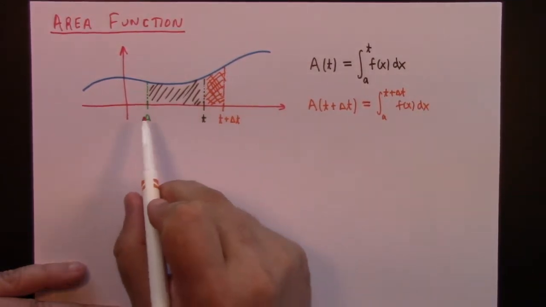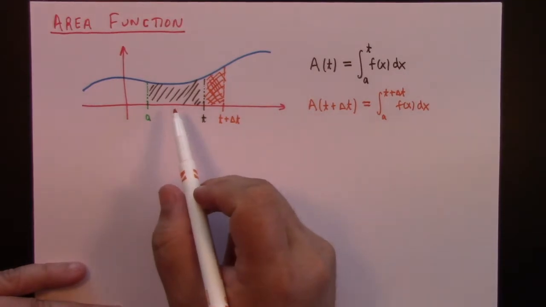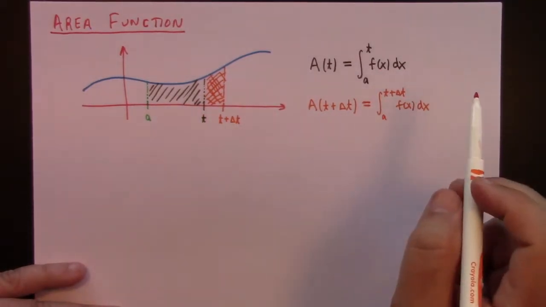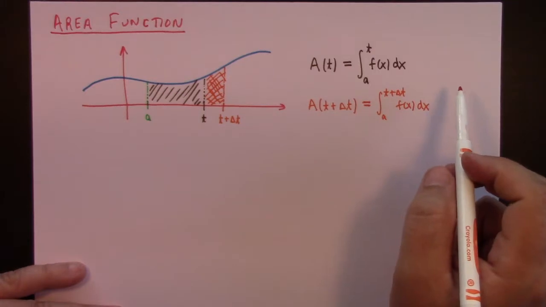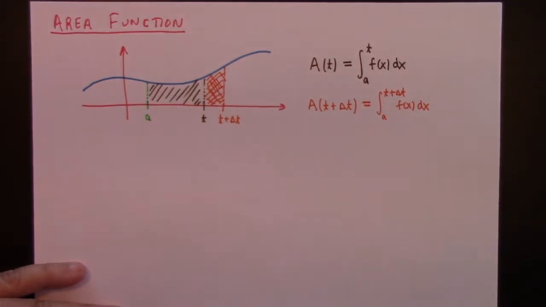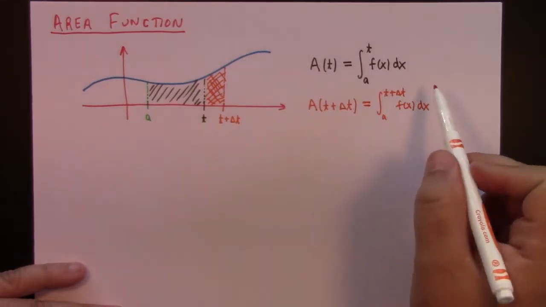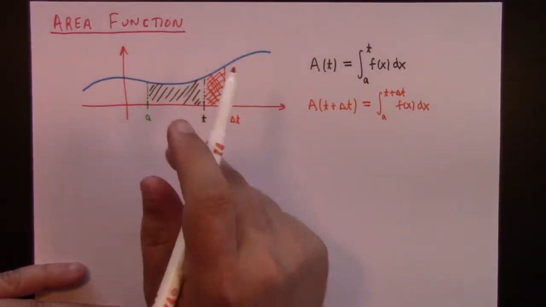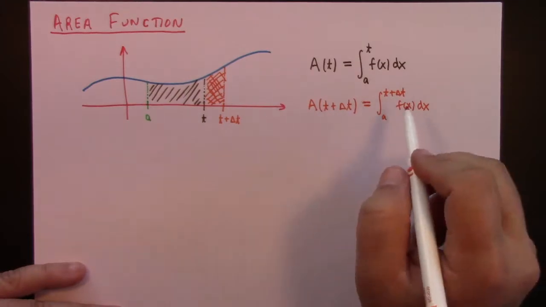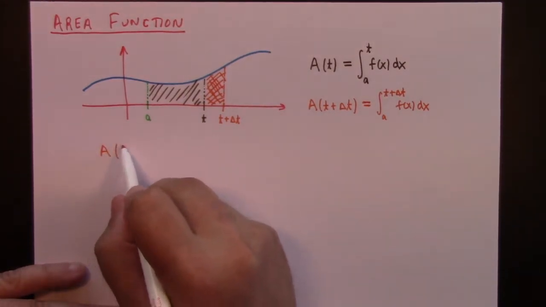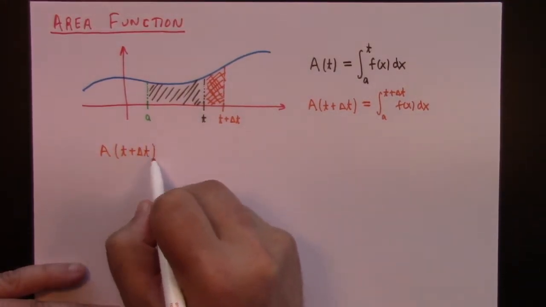But of course, the property, what did I call it? Property number 4. But anyway, integral from t to t plus delta t. So I've got two things, from here to here, from there to there. So of course, A of t plus delta t, what is that equal to?